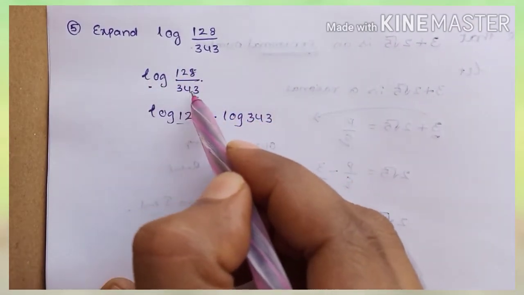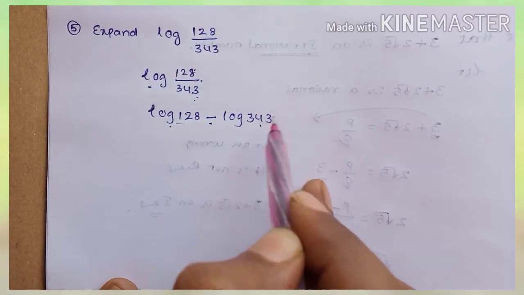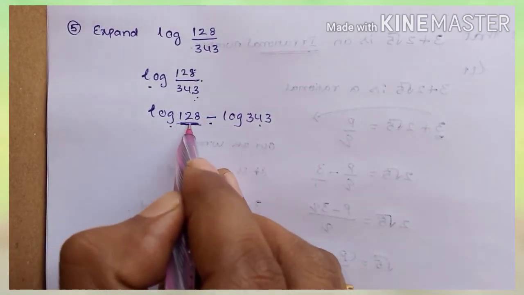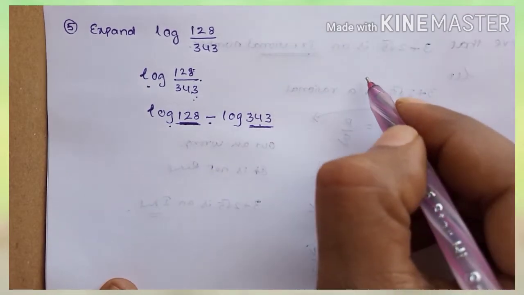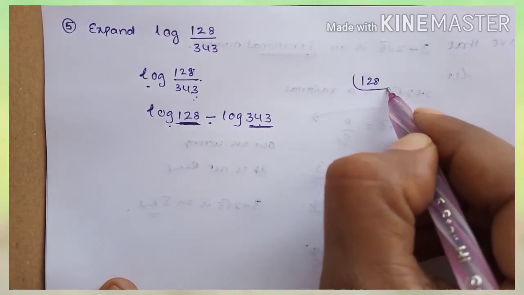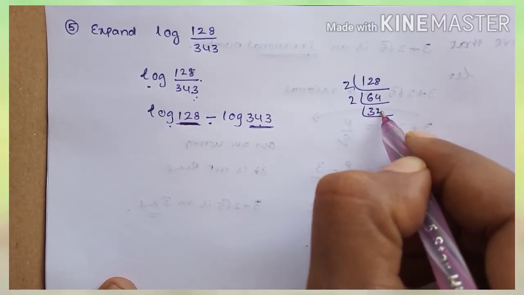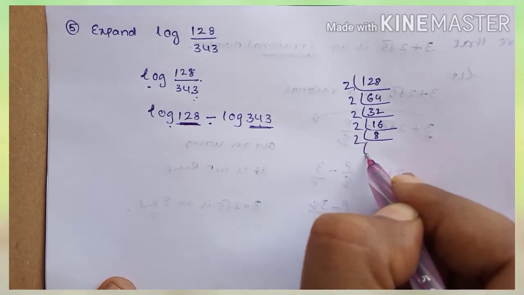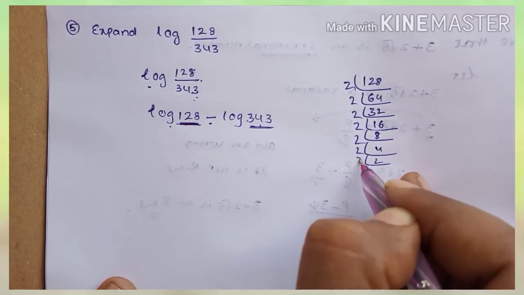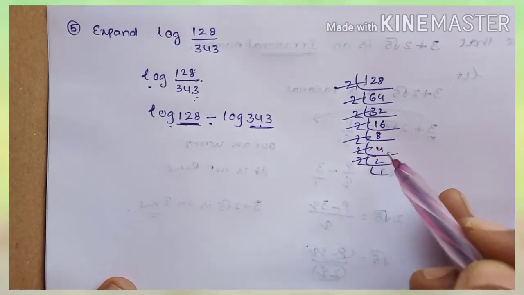Log a by b is equal to log a minus log b. Okay, now the exponential form of 128 and the exponential form of 343. If we factorize 128: 2 times 64, 2 times 32, 2 times 16, 2 times 8, 2 times 4, 2 times 2, 2 times 1. So 1, 2, 3, 4, 5, 6, 7 times.